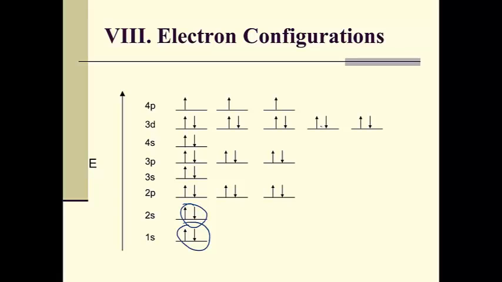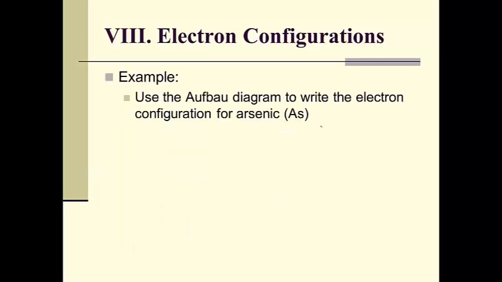So there should be 2, 2, 6. 3s, there's 2 of them. 3p, there's 6 of these. 4s, there's 2. 3d, there's 2, 4, 6, 8, 10. And then the 4p, there are 3 of them. So your configuration should be 1s2, 2s2, 2p6, 3s2, 3p6, 4s2, 3d10, 4p3.